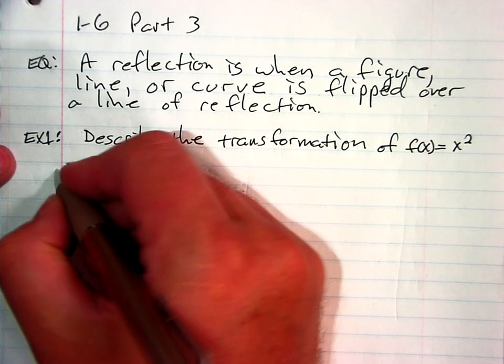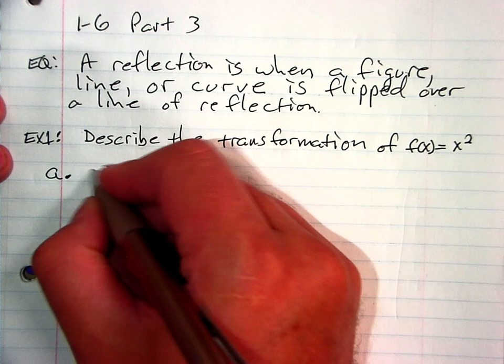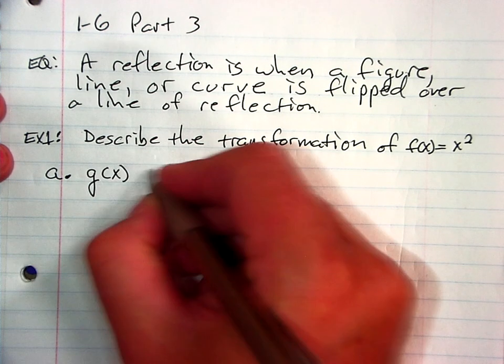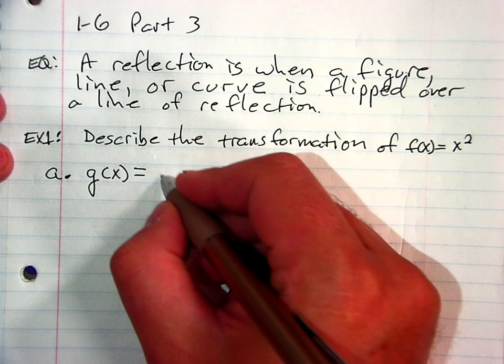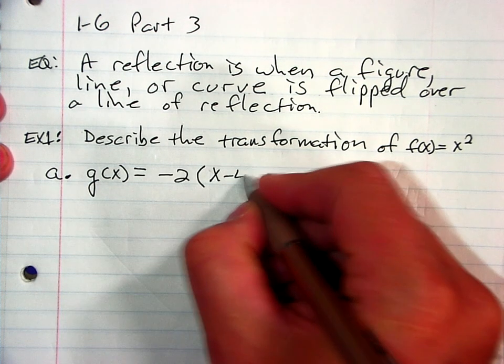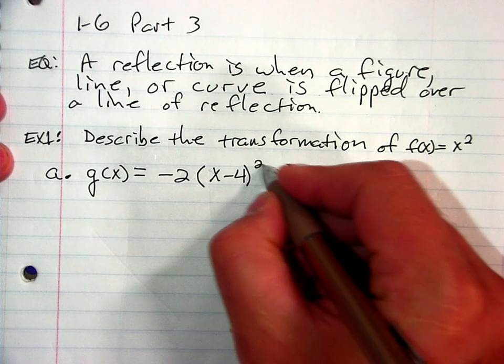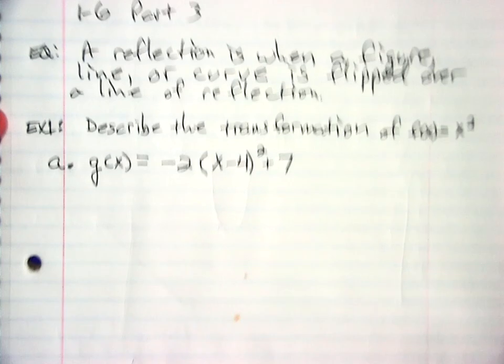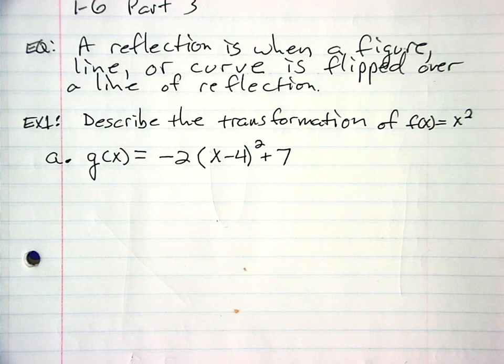And we have two problems. A is g of x equals -2 times (x minus 4) squared plus 7. And I'll give you a second to catch up.